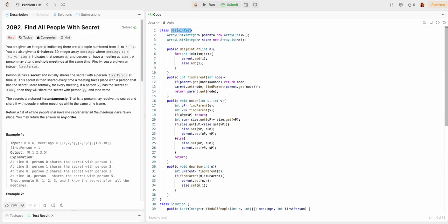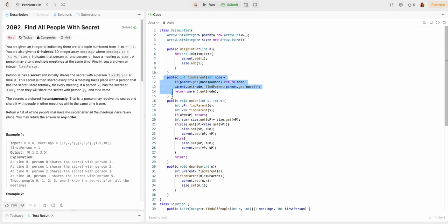So I'll give you a quick walkthrough of how disjoint set actually works. I'll not go in deep. In disjoint set, we have a parent. Initially, each node or each person in the meeting, we know that there will be a total of n people, so each one of them is their own parent in the very start. Okay.